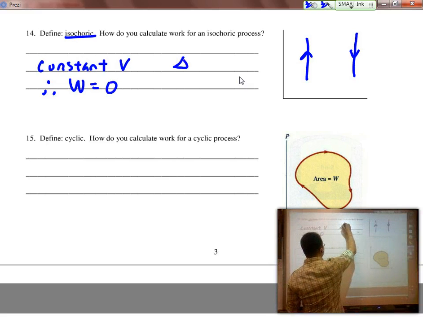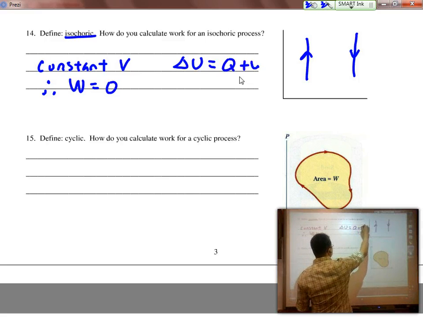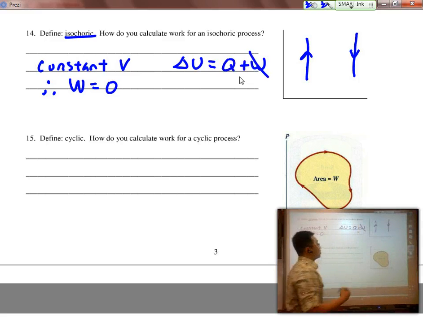So when I do delta U equals Q plus W, this idea probably makes the most sense to you.